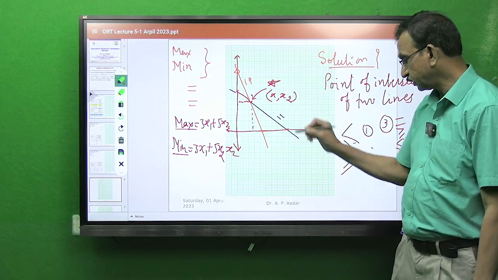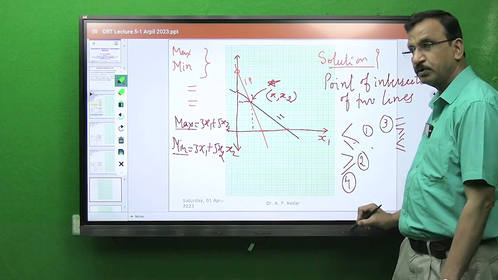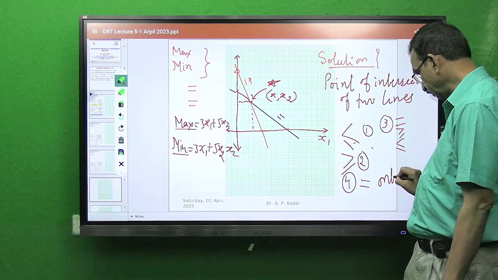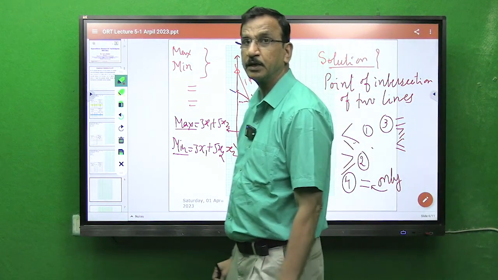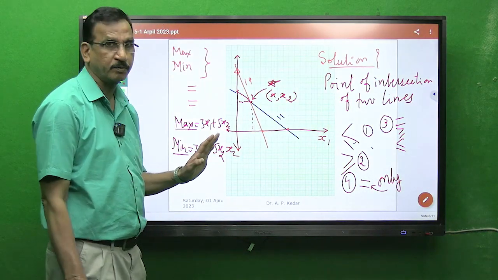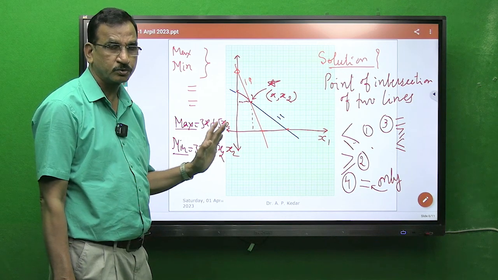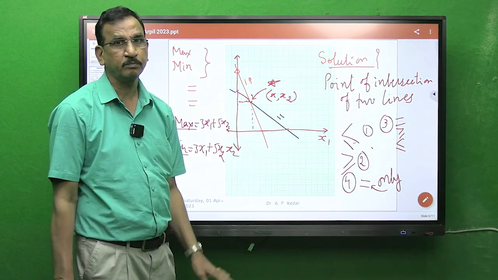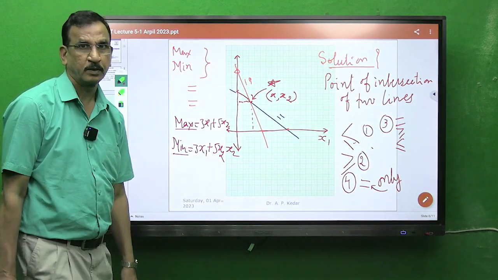Now in this latest problem, as a fourth case, we have seen only equal to constraints. Whenever there are only equal to constraints, remember one thing: your solution will lie on the point of intersection of both lines, satisfying your objective function. Clear?